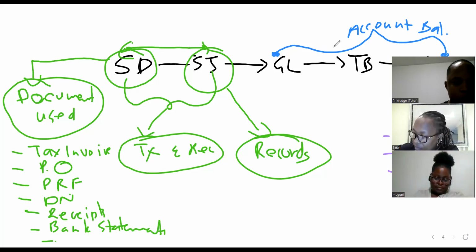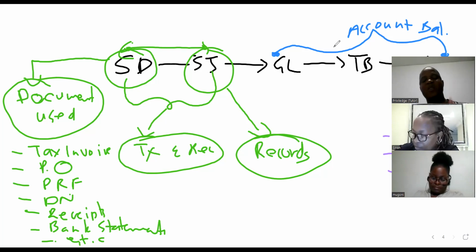I can write a whole lot of documents here that can act as source documents, but just to list a few, those are what we refer to as source documents.